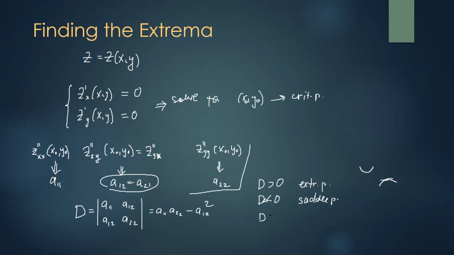And if the determinant equals 0, the question remains open. This method does not give an answer. We have to actually investigate. For example, you could compare the function values if you change x a little bit in both directions. You might check that perhaps, holding y the same with a little change for x values, you see how the function perhaps is greater on both sides, and then you do the same in the y direction and simply check things.